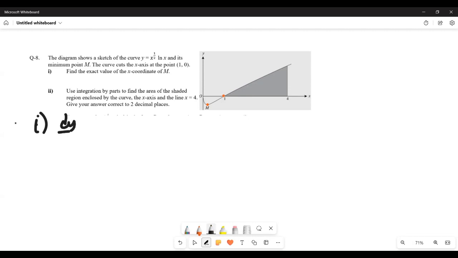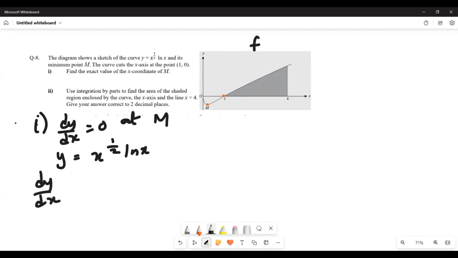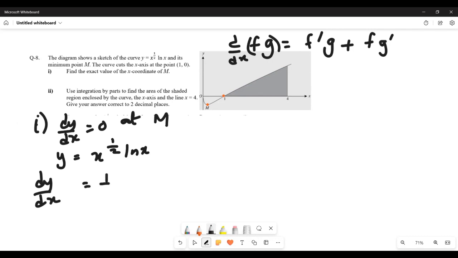So dy/dx equals 0 at point M. y is x power half ln x, so we differentiate using the product rule: differentiate f first and multiply it with g, then differentiate g and multiply it with f. So it's going to be half x power minus half times ln x, plus x power half times 1 upon x.